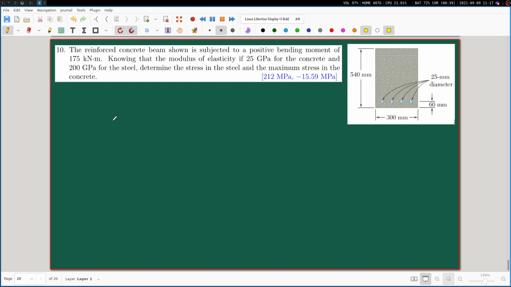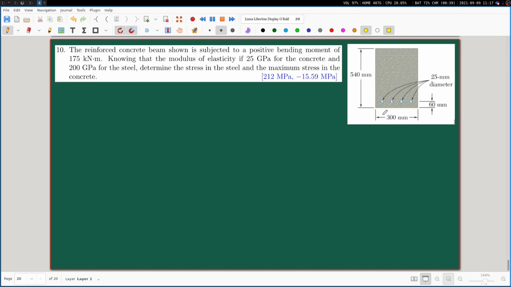stresses in the concrete? Well, as we were just discussing in class today, this again is the kind of cross section which involves two different materials. Concrete is one material and the steel here is another material. We are going to present a method of solving this problem using the transformed section method, which we were discussing in class.